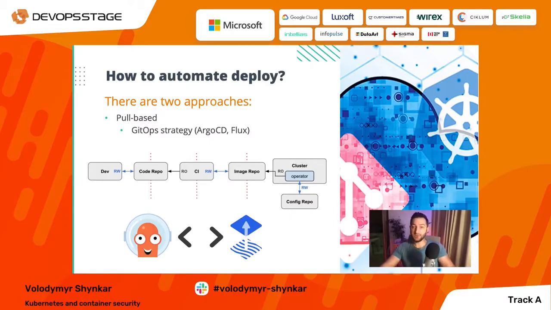Moreover, these tools will override any changes which were made manually by someone, so we will never have configuration drift. We have two candidates here, Flux and Argo CD. Let's focus on Argo since it has more features and a nice UI.